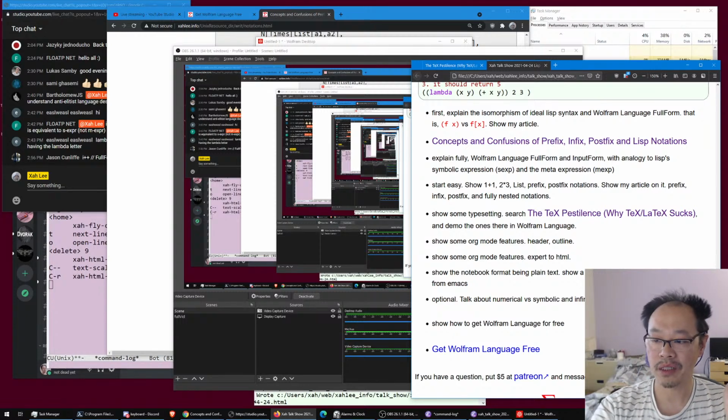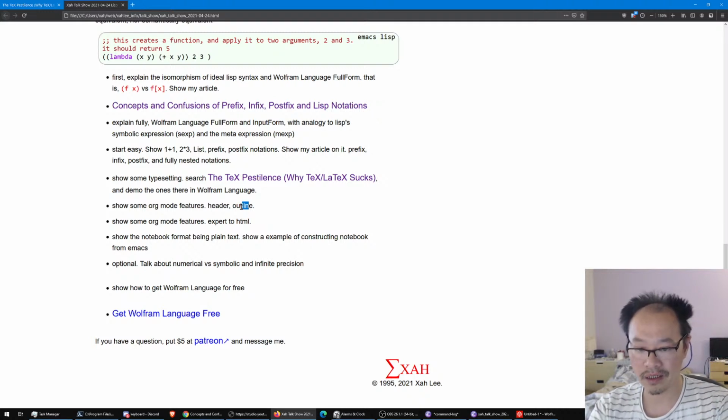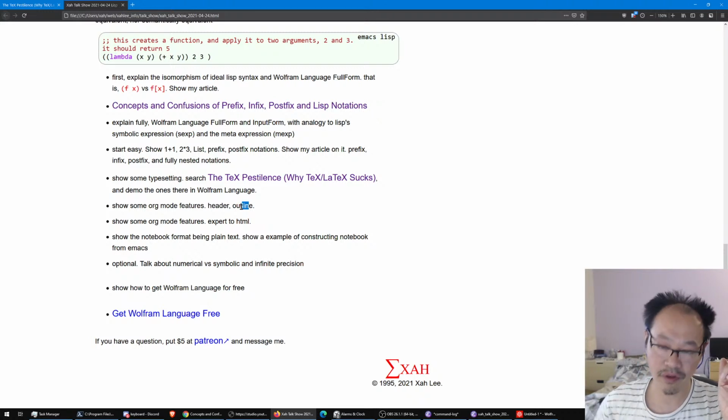I was going to explain how Wolfram language does typesetting, and some analogous features of Mathematica notebook versus Emacs org mode, where you can have headers and outline, you can collapse them, expand them, and export to HTML or LaTeX or lots of other formats.